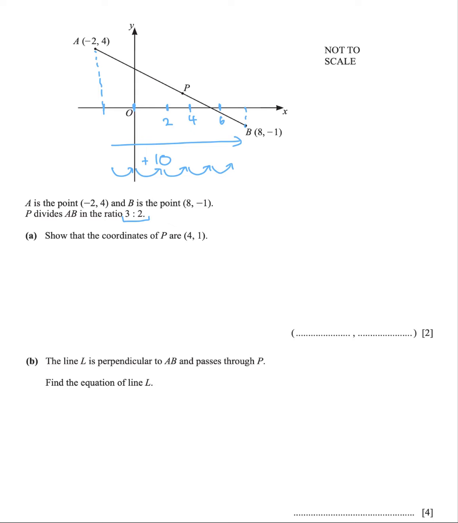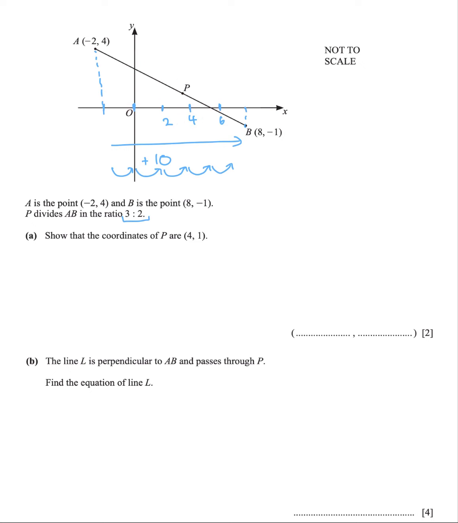I've not drawn that overly well, but they would be your jumps for your ratio. So if I'm interested in 3 to 2, that means that there are 3 parts this side of P, and then 2 parts this side of P. So you can see here the x coordinate is 4.